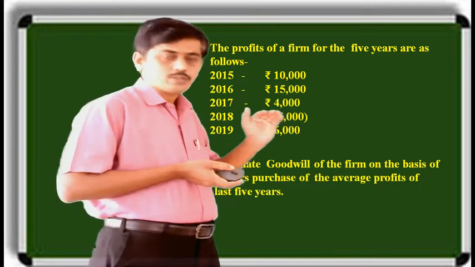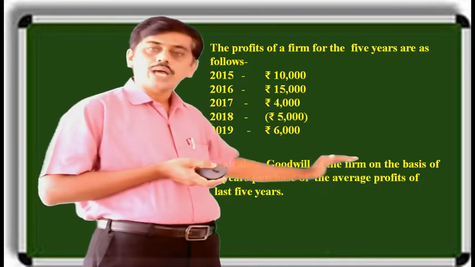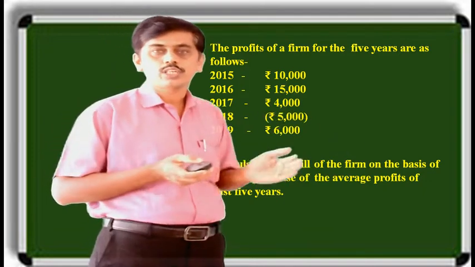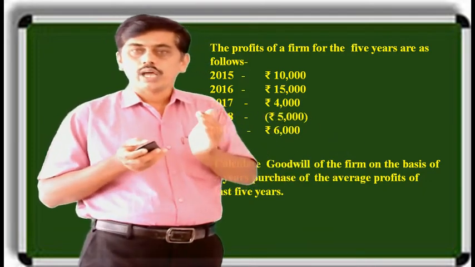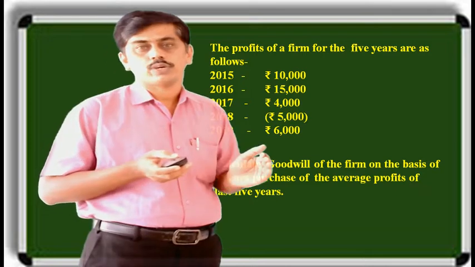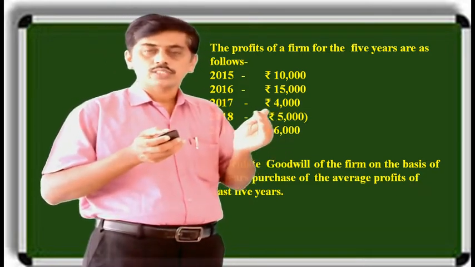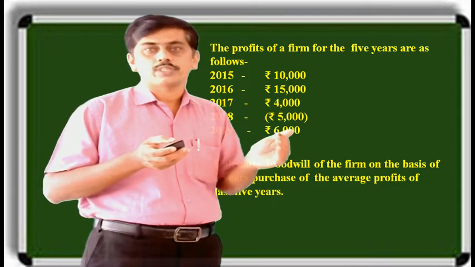You are asked to calculate the value of goodwill of the firm on the basis of 3 years purchase of the average profits of last 5 years. This is the problem, and you have to follow the same method, that is average profits method.